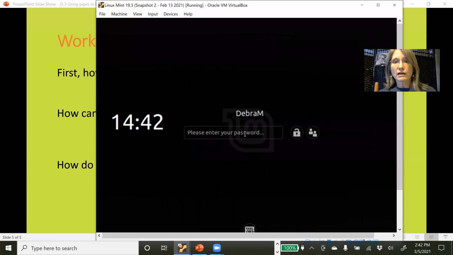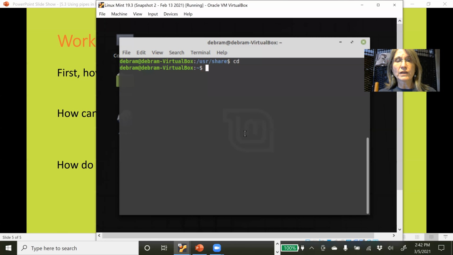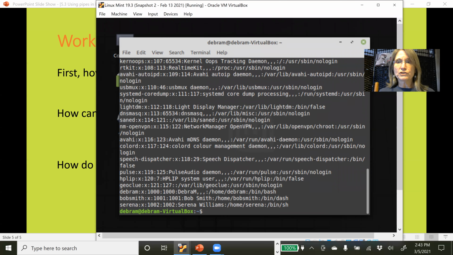Let's take a look on our Linux system and actually walk through. So let's look at the /etc/passwd file. We see lots and lots of information here.